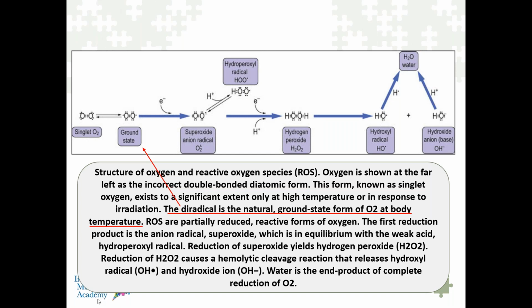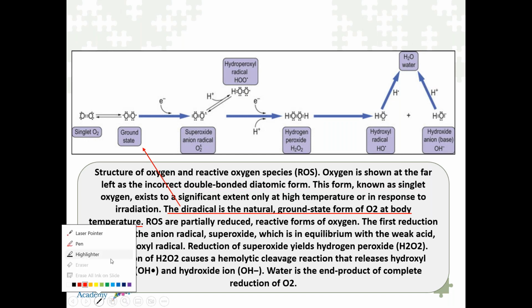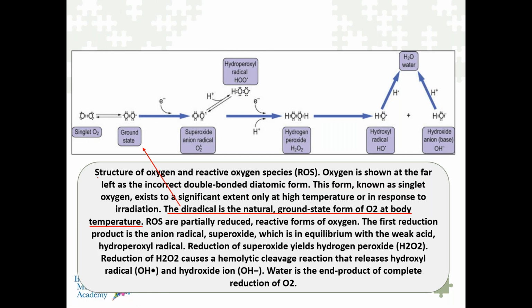So this is actually an interesting slide here. Let me grab a pen. Essentially, the way oxygen is written in many textbooks is not how it typically exists. The singlet oxygen, or O2, is not really how it exists in our body.